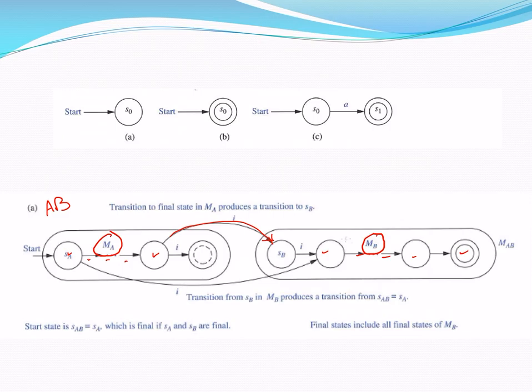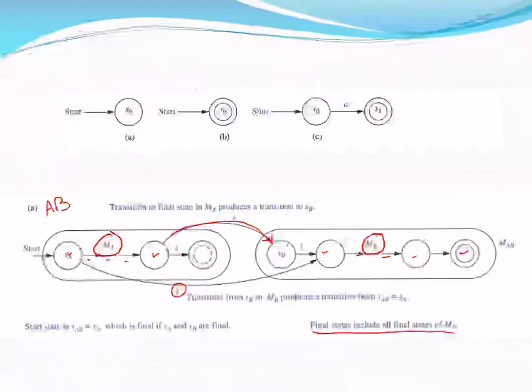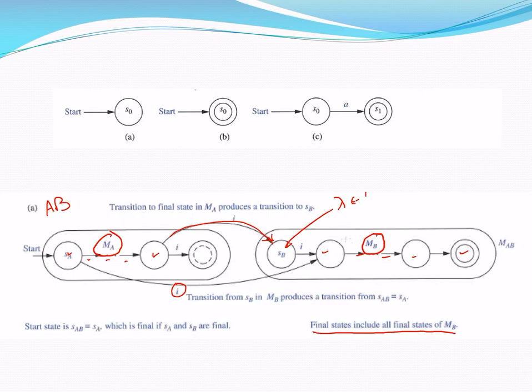If A has the empty string as one of its elements, then SA will act as the first state for machine B. Final states will be all the final states of B, so that if lambda is an element of the language of B, this will be a final state.